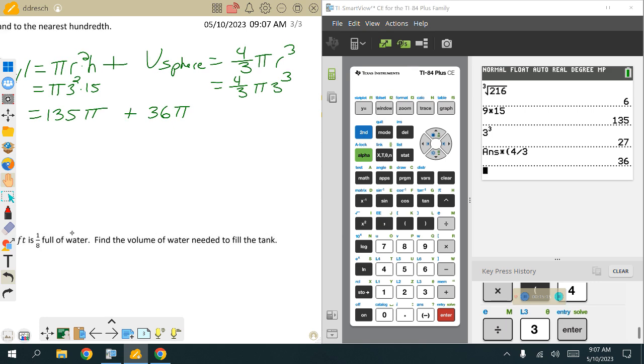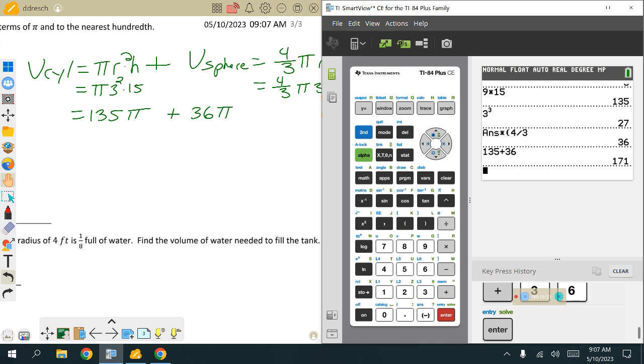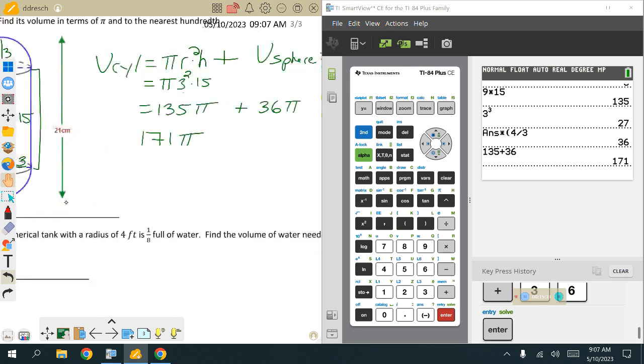Now, again, the directions say write them both. And as you've probably seen in my answer keys, I try to do both of those as I can. So in terms of pi, these are like terms. I can add those together. They both have pi. So what is 135 plus 36? 171 pi. Do I have units on that? Centimeters.